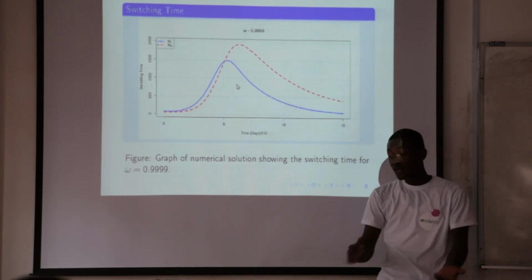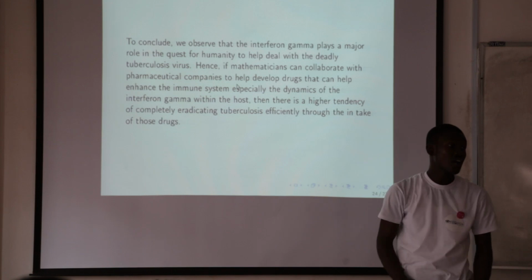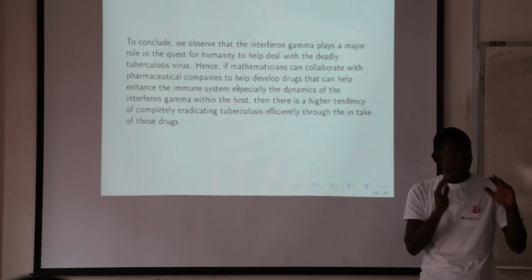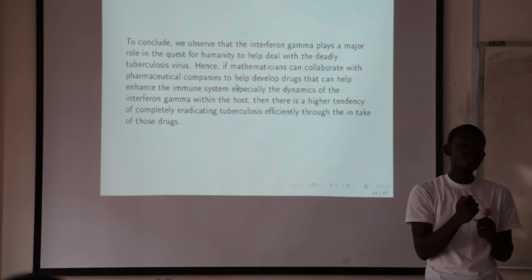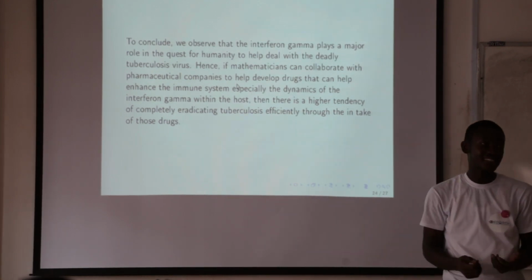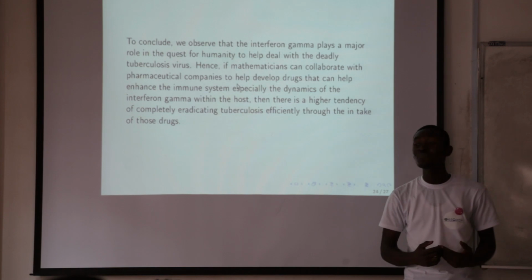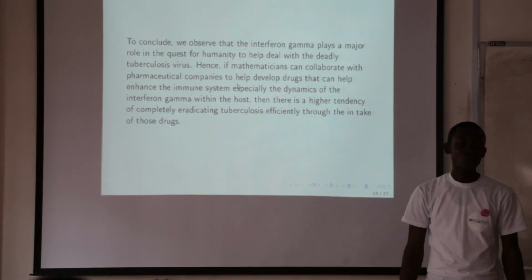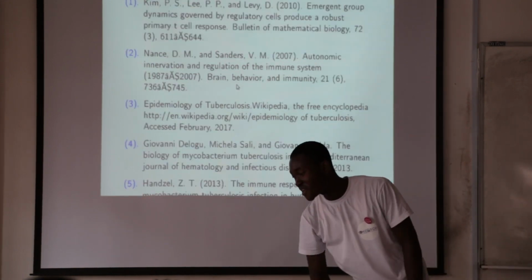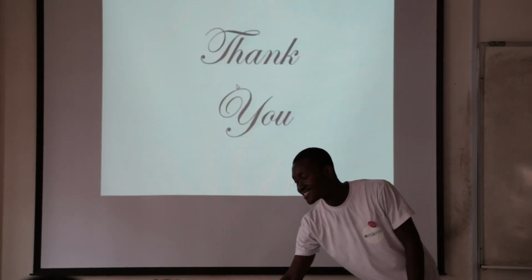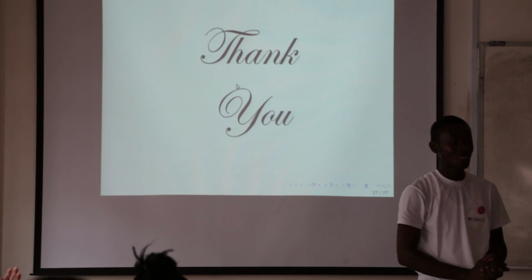So if our pharmaceutical companies can concentrate on the interferon gamma, as we have proven mathematically, and produce a drug that will strengthen it, then definitely we will not spend 6 months trying to cure just one individual suffering from tuberculosis. These are some of the references I used, and thank you very much for listening.